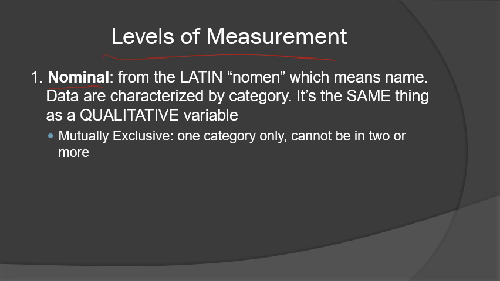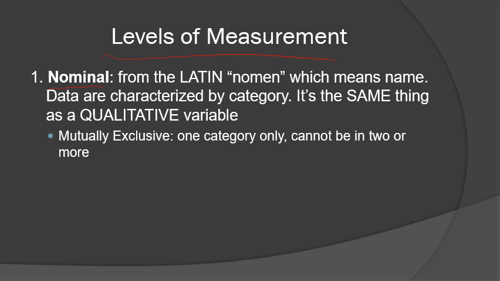One thing that is important for nominal variables is they need to be mutually exclusive, meaning each individual thing can only fit in one category. You can't have a car that's both a Ford and a Chevy. If you did, for some reason, cut in half a Ford and cut in half a Chevy and weld them together, that would probably go in an entirely new category of its own, which is hybrid.